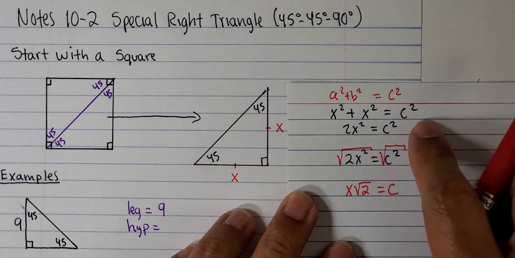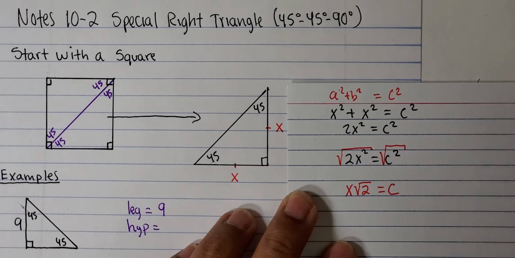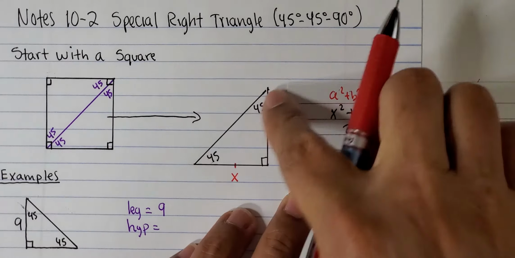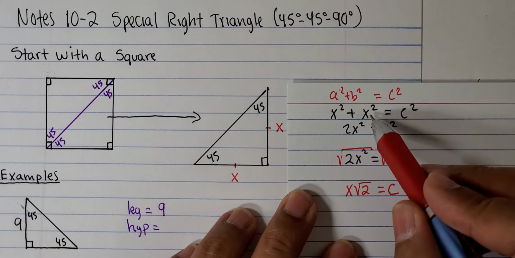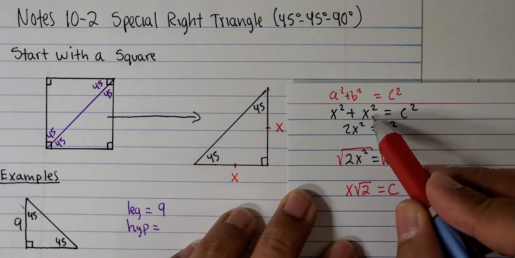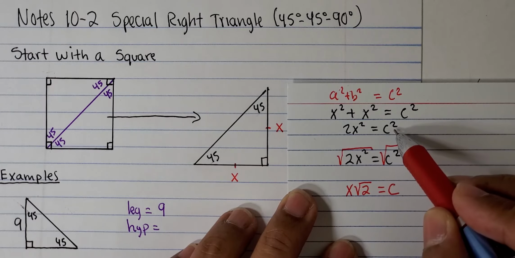We don't know what the hypotenuse is, and also we don't know what the legs are, but we're just trying to come up with the formula to help us determine what this is going to be. So as you know, these two are like terms, and from algebra you learned that if you have two like terms, you just combine them. Okay, so in this case, x squared plus x squared gives you 2x squared. So that equals c squared.